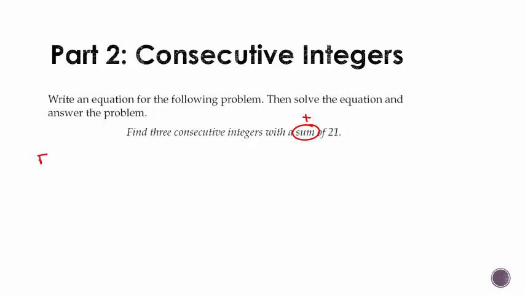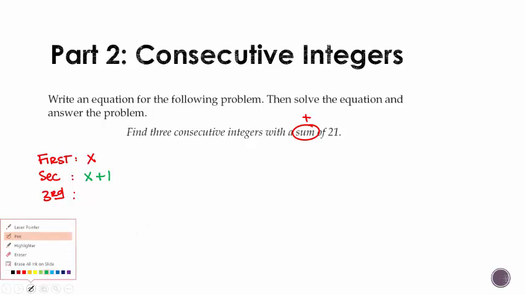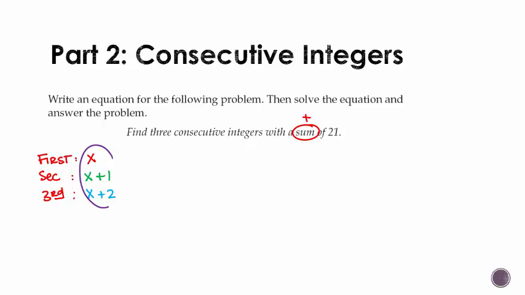So we have our first number, our second number, and our third number. Our first number we don't know, so let's make it x. Since they're consecutive integers, our next one we know has to be x plus 1. And then after that, has to be x plus 2.